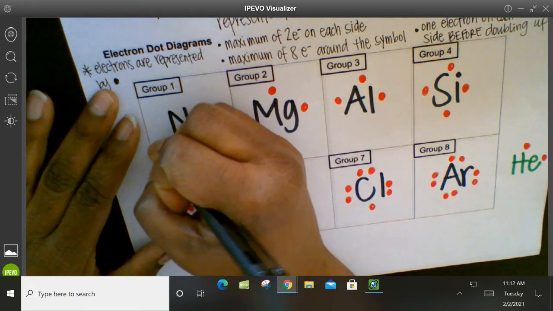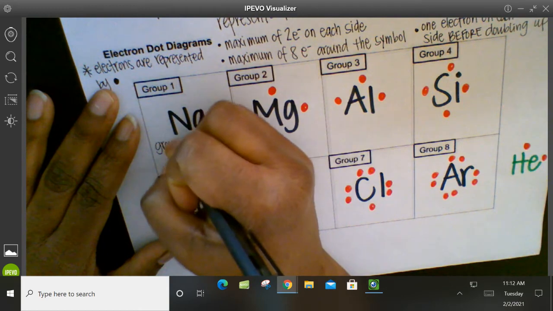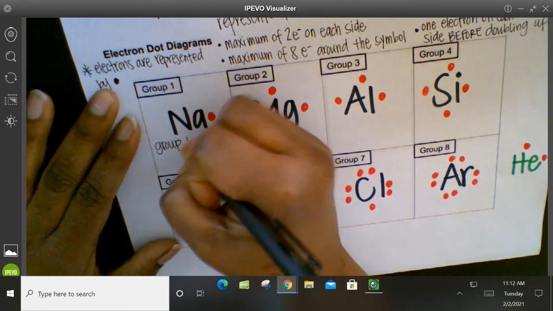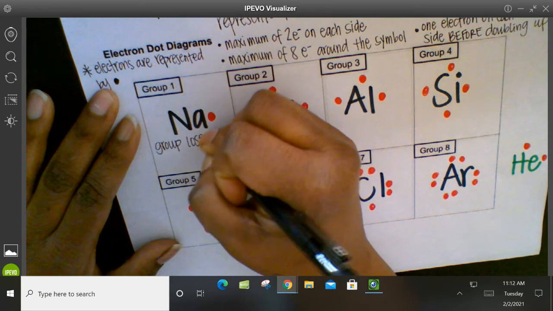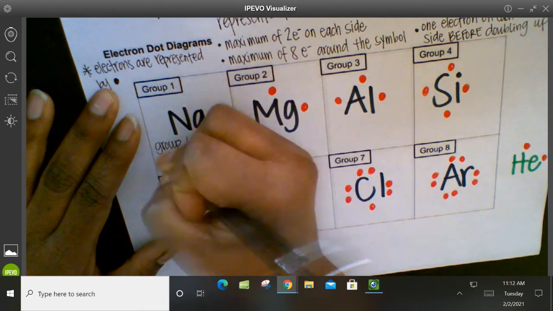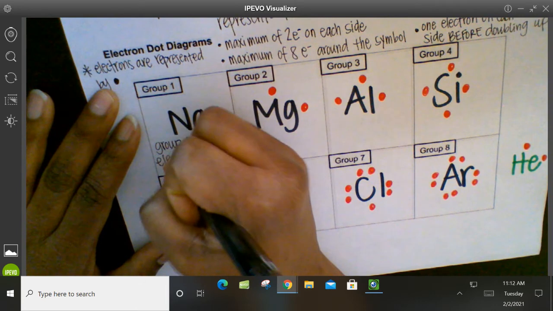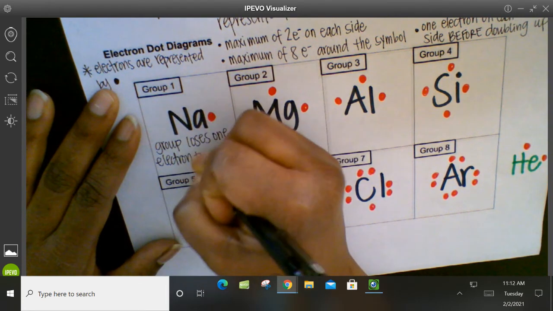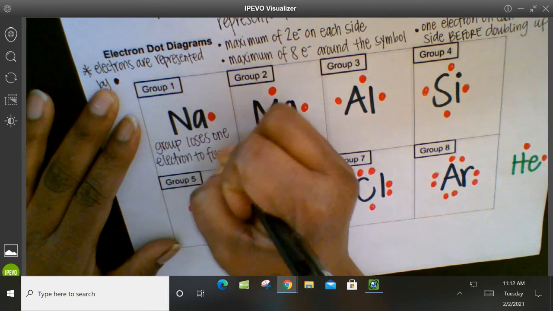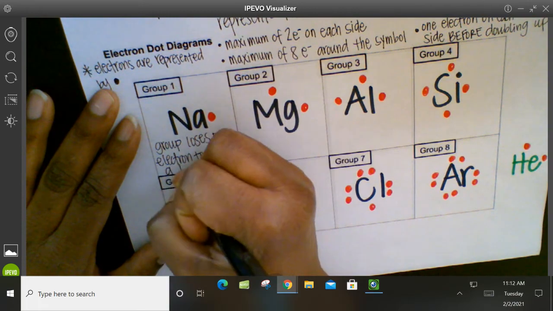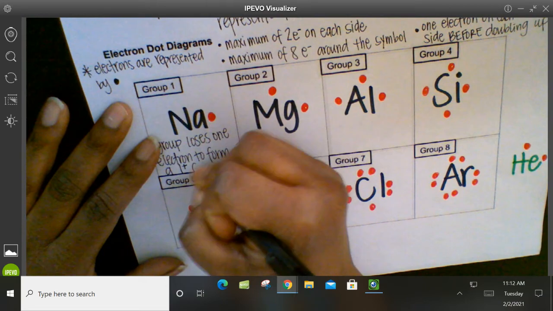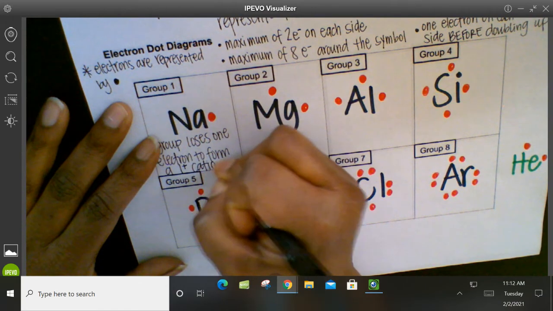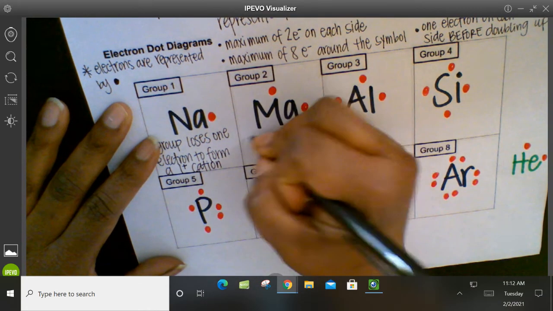All right, so group 1, this group, they lose 1 electron to form a 1 positive or just positive cation. And a cation is a positive ion, just in case you didn't know that.